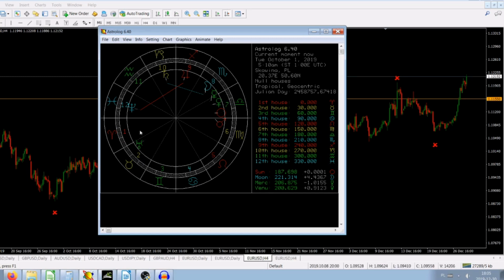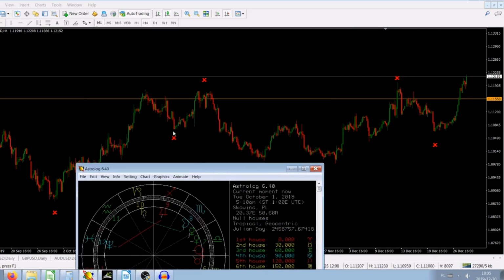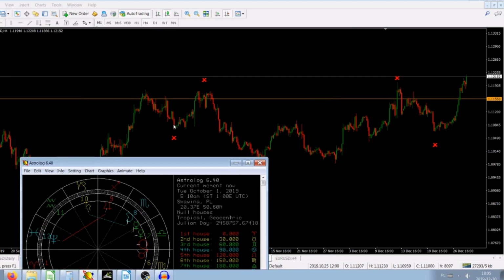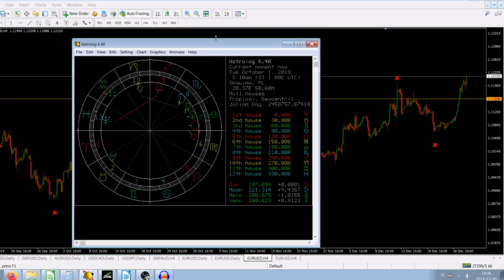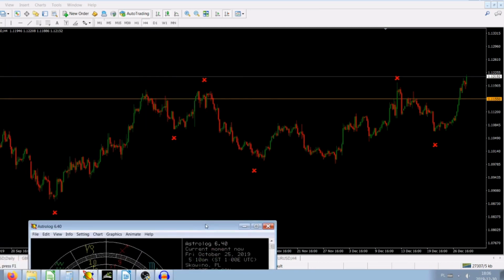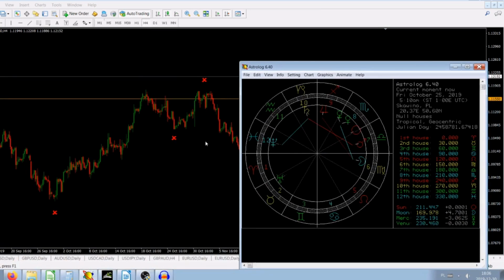Remember, here Venus 200. The next date I wanted to show you is October 25th, 2019. So let's go 25 days further and look over here. We've got Venus at 230 degrees.